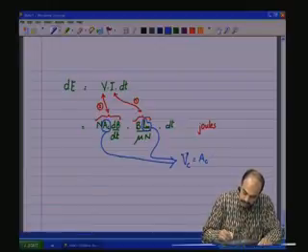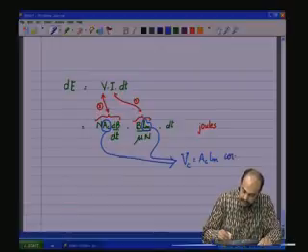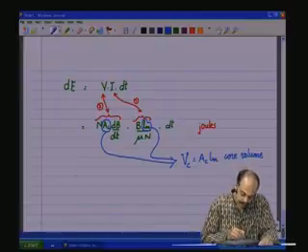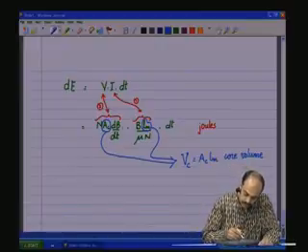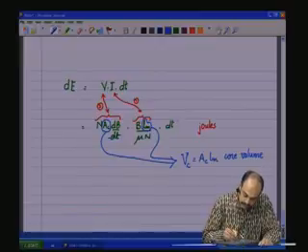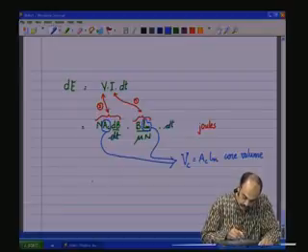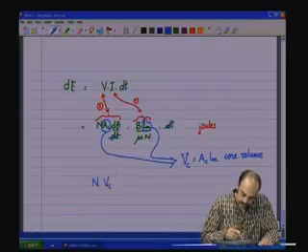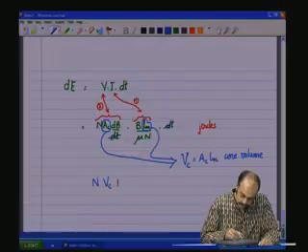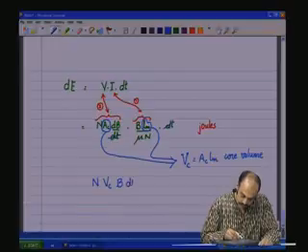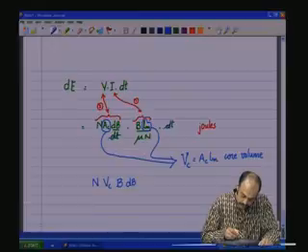This is core volume, and of course we don't directly cancel like that, but it effectively means that we now have N Vc B dB by mu n.